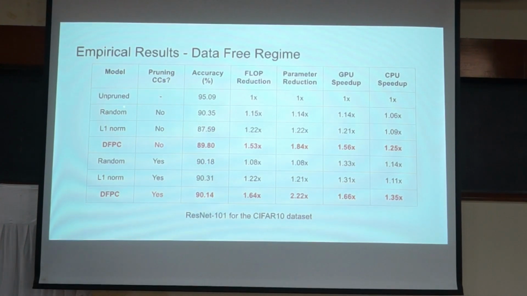This DFPC shows remarkable FLOP reduction. It has to be improved much more, but given the state of the art, it's a remarkable improvement. It also says that we need new measures for evaluating the accuracy of our pruning.